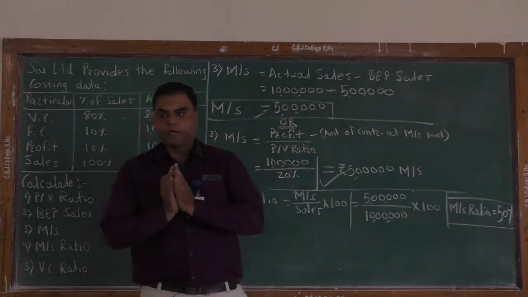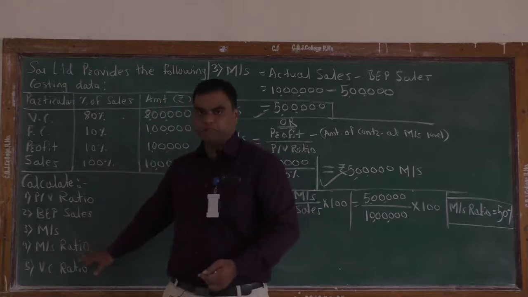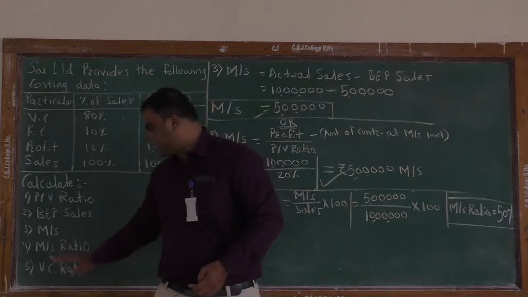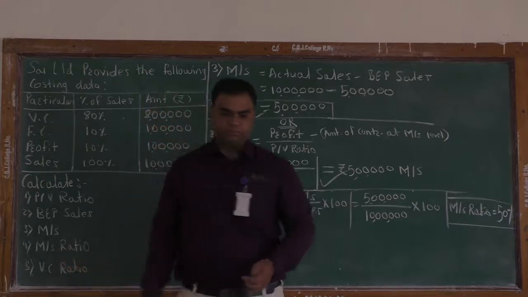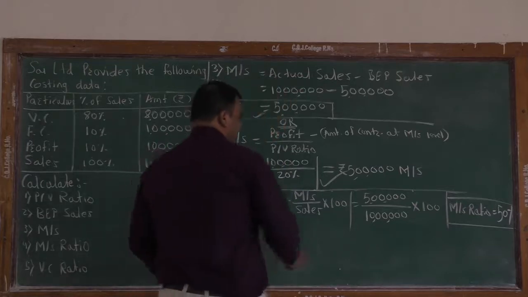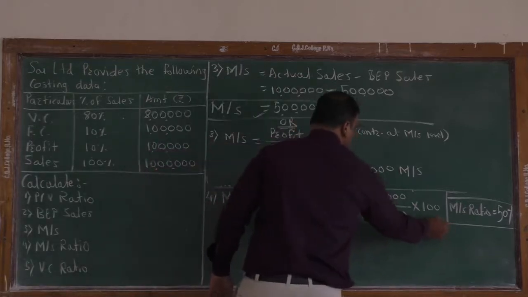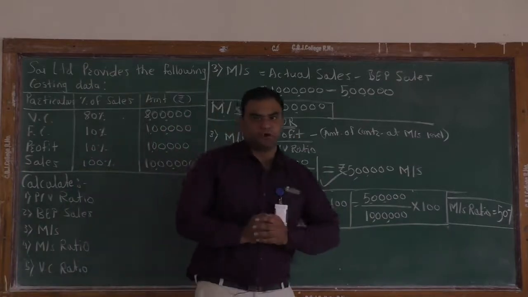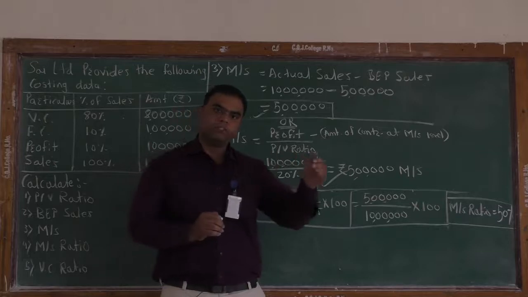So in this way we have calculated the second last item also. Now we are going to calculate the last item, that is variable cost ratio. So how to calculate variable cost ratio? What is the variable cost ratio? It is the ratio of variable cost to sales.